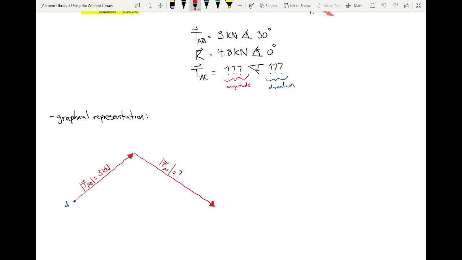But I do know that this is going to be my resultant. That's my resultant. And then the magnitude of that resultant I know is 4.8 kilonewtons.